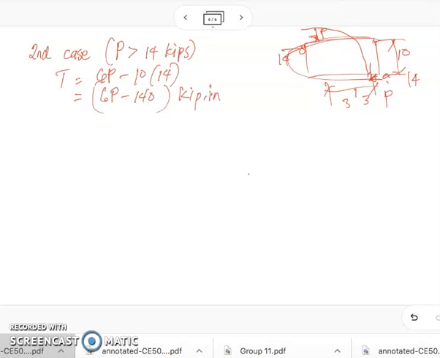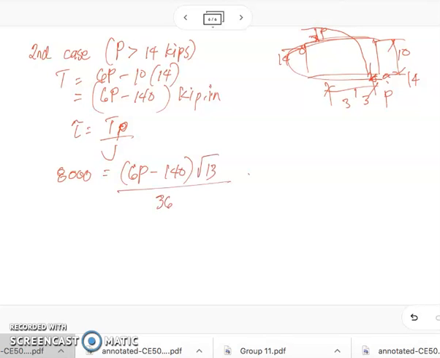We have tau equal to torque times rho over J. The allowable shearing stress is 8,000 equal to 6P minus 140, times rho, which is the square root of 13 over 36.08. We have to take note that P is greater than 14 kips, so this value is greater than this one.